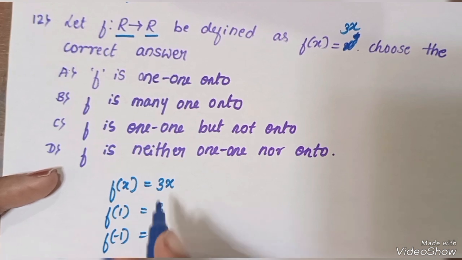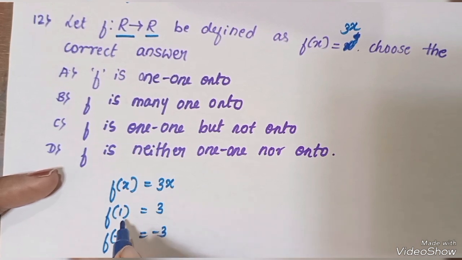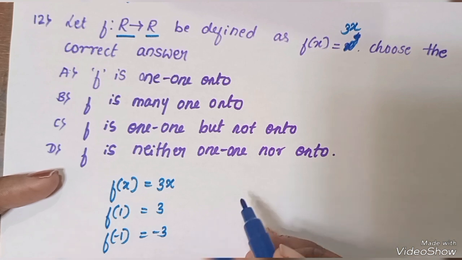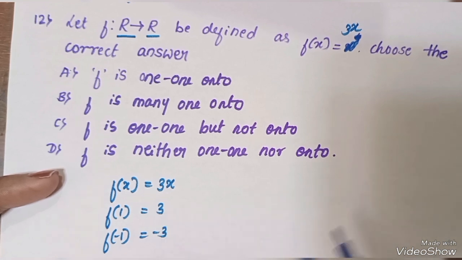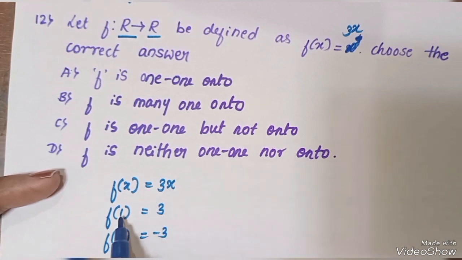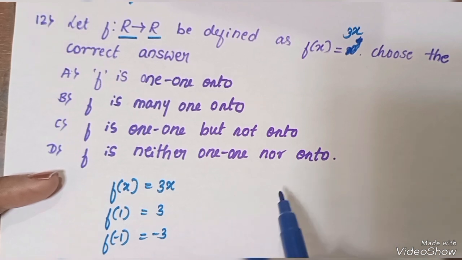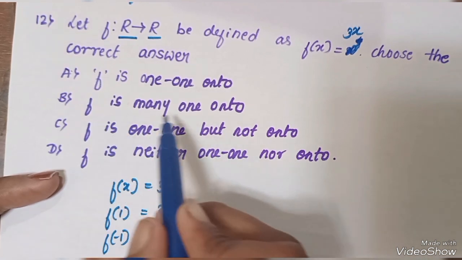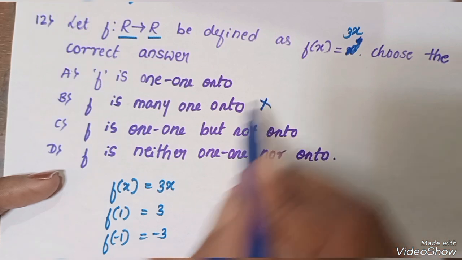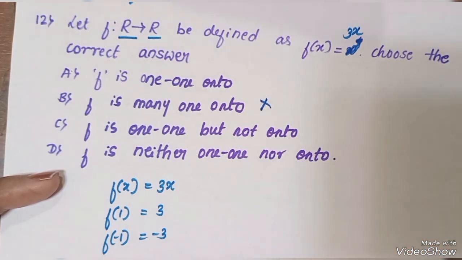Whatever value is given, their answers differ. They are unique values. Hence, f of 1 gets plus 3. f of minus 1 has minus 3. Therefore, f is one-one. Okay. f is one-one means it cannot be a many-one function.